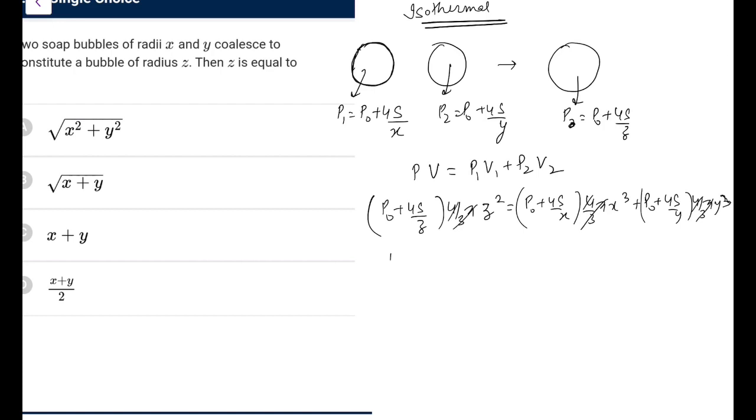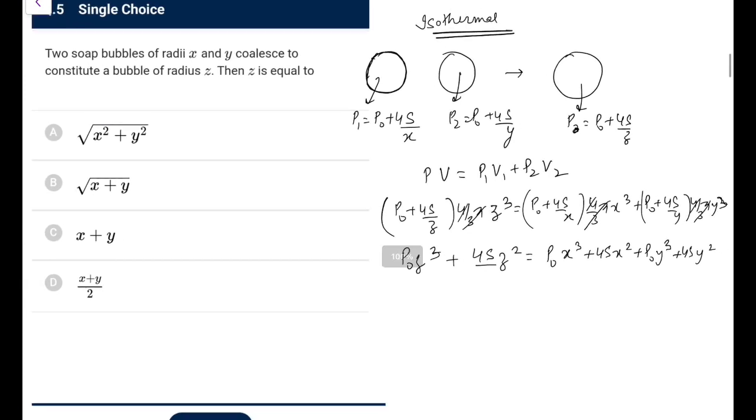Now what you have is P0 z cube plus 4s z square would be equal to P0 x cube plus 4s x square plus P0 y cube plus 4s y square.